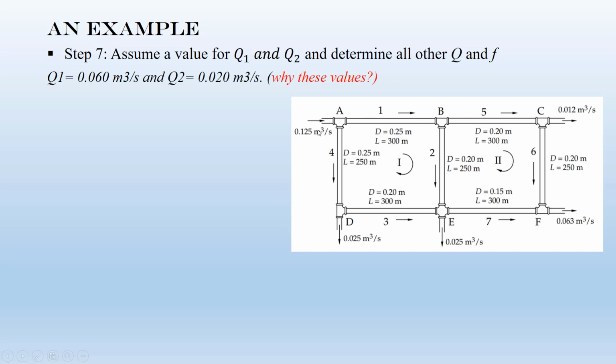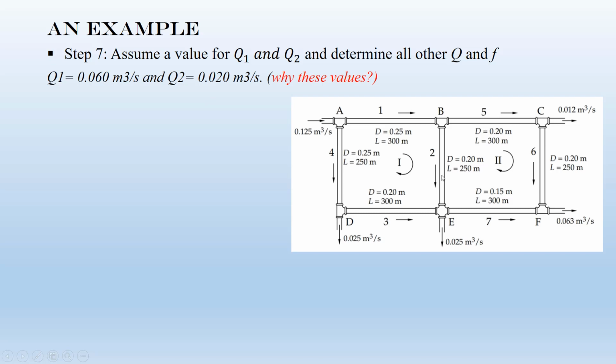So I assume that 50% of this volumetric flow goes through pipe 1. They have the same diameter. So I selected Q1 equals 0.06. And then again here, they have the same diameters, correct? And then you can assume that 50% goes through pipe 2 and 50% goes through pipe 5, so I started from 0.02, correct?